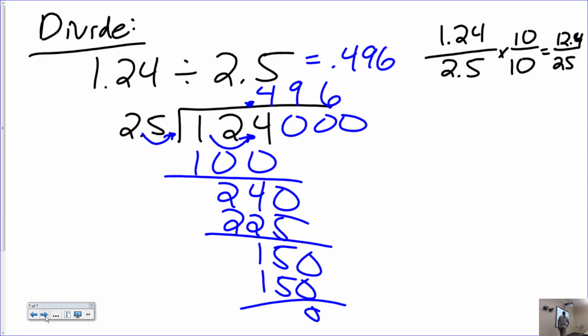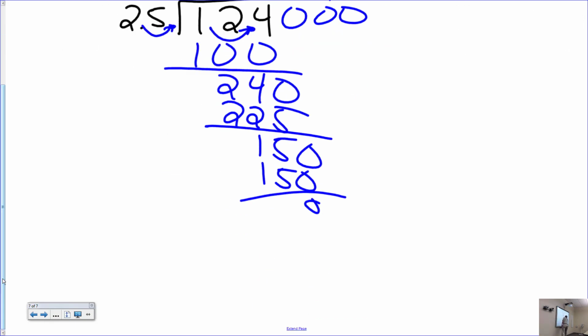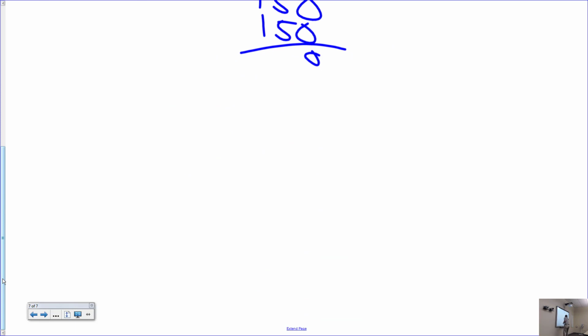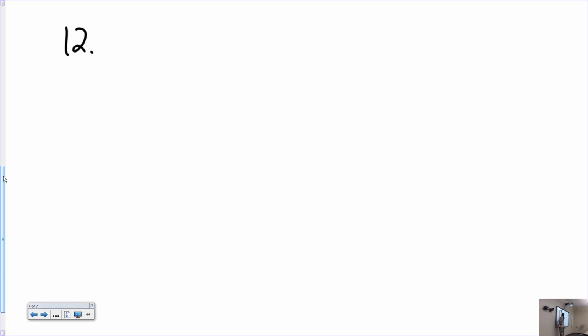All right, so anyways, let's try another one just to be safe. How about 12.7 divided by 0.02. So again, when you're doing these divisions, folks, be careful.